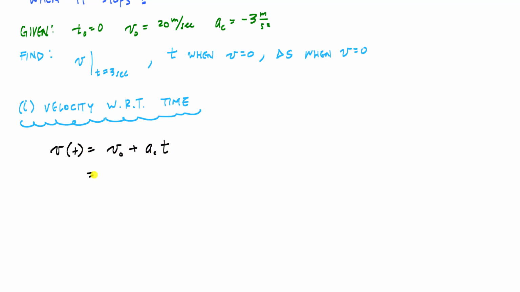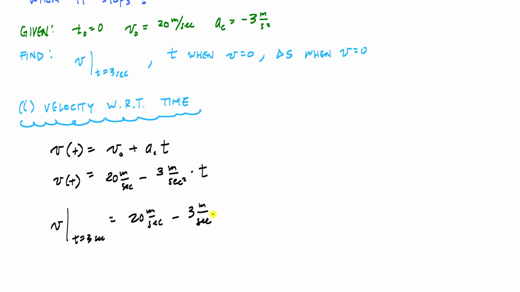In this case, our initial velocity is 20 meters per second minus 3 meters per second squared times t. And my velocity evaluated at t equals 3 seconds, I just got to plug and chug, is 11 meters per second. And this would be the answer to that first question.